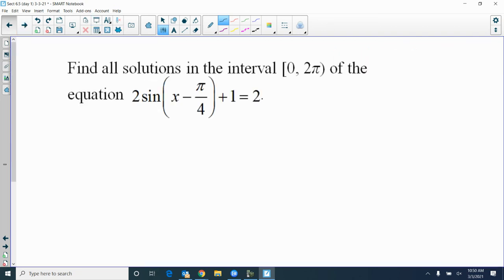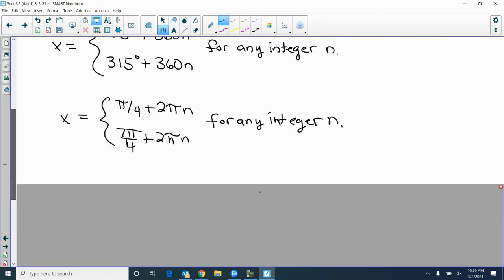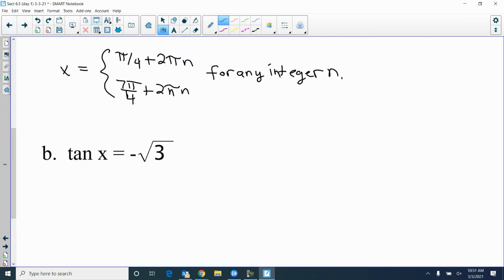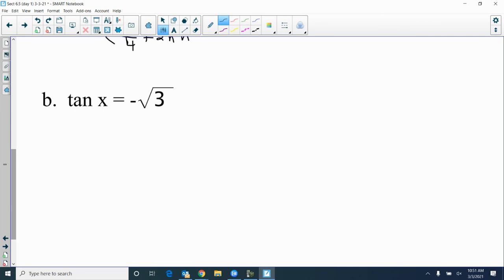All right, part B. What's it say? Tangent of x equals -square root of 3. See if you can come up with the two angles first. I'll give you a chance.